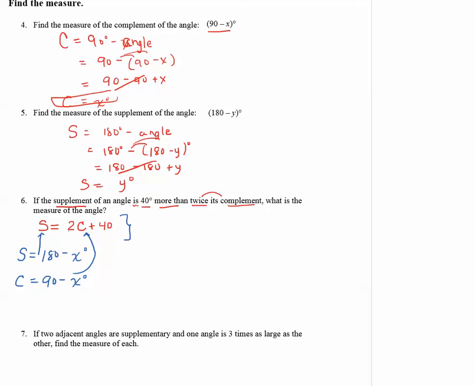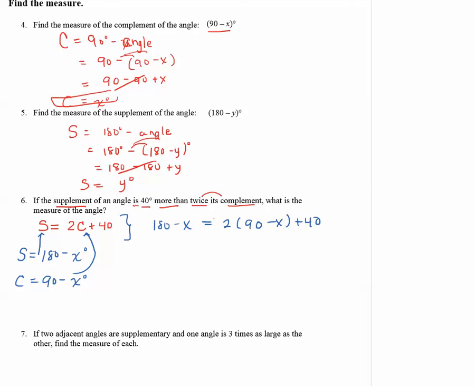Let's rewrite that equation, which was S equals 2C plus 40. I replace S with 180 minus x equals, and instead of 2 times C plus 40, I get 2 times parentheses 90 minus x, and then plus 40.